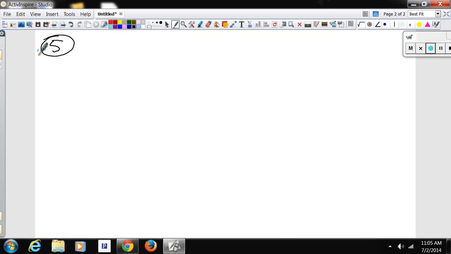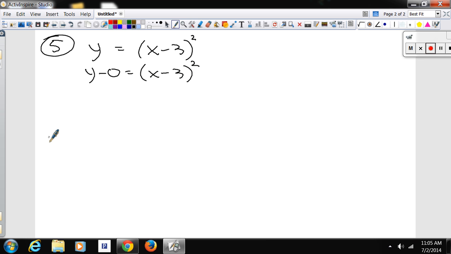Number 5, you've got y equals positive, it's (x minus 3) squared. Now what I want to do is change this to y minus 0. And I want to see if we could figure out what the vertex is just by looking at that problem.